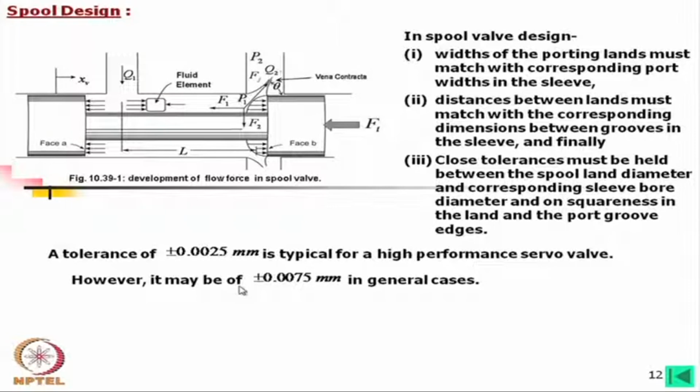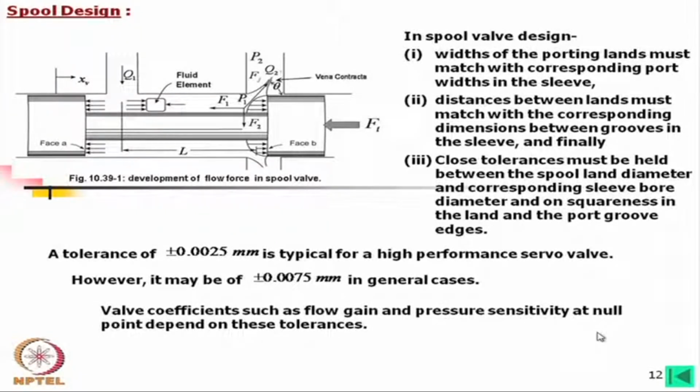However, it may be plus minus 0.075 millimeter in general cases, say a low performance valve or maybe a general purpose valve, but these are for very accurate position control or velocity control. Valve coefficients such as flow gain and pressure sensitivity at null point depend on these tolerances.